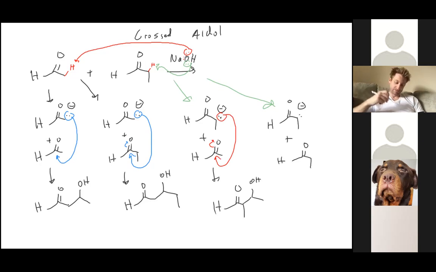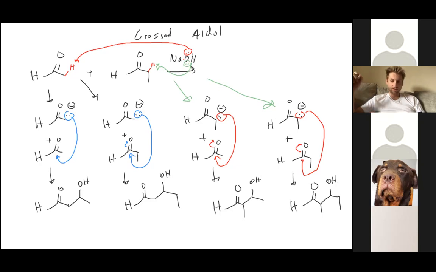And then for our final product, it should be one carbon longer on the end, to give us this product here. So none of these are the major products. There's no one that's going to be more favored than the other one.